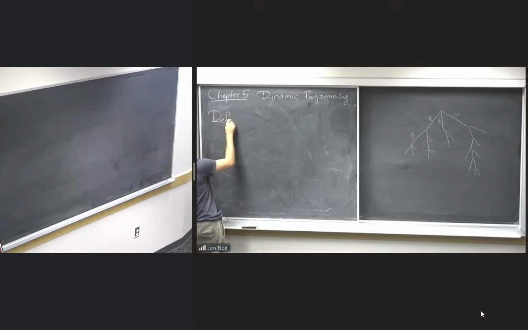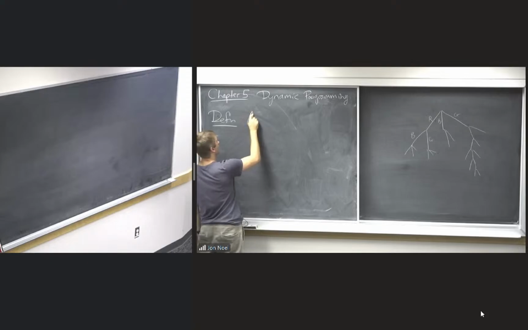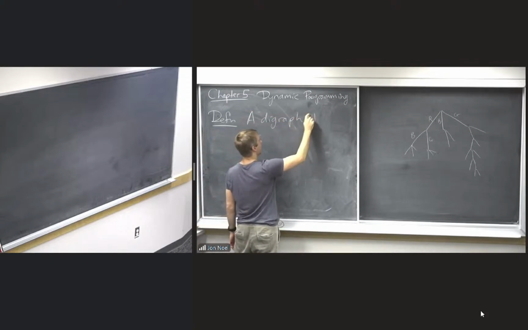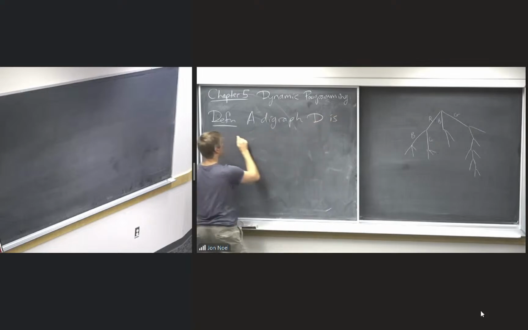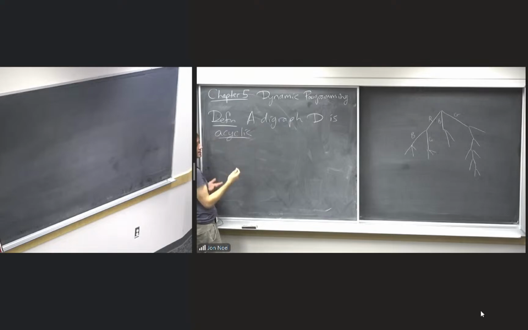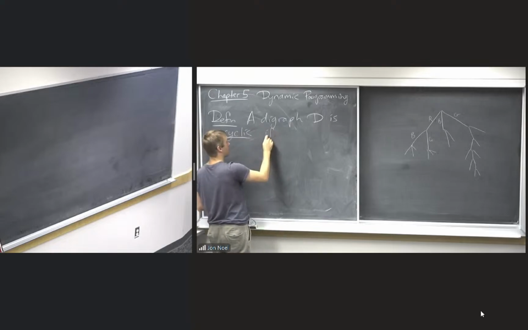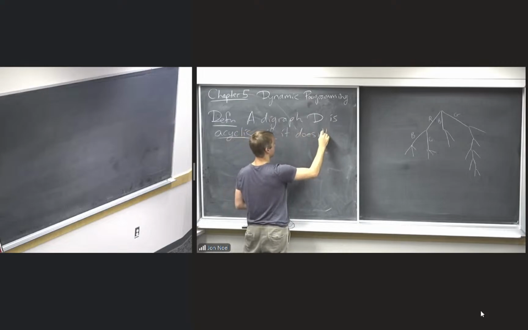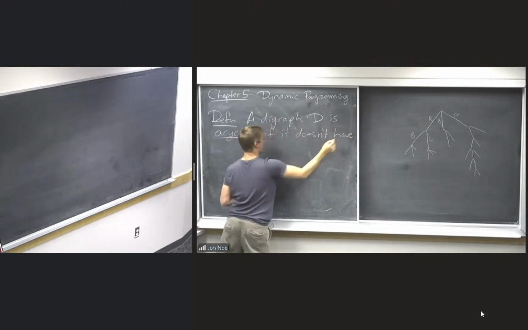So a digraph D is acyclic if it doesn't have any cycles. So it doesn't have any directed cycles.